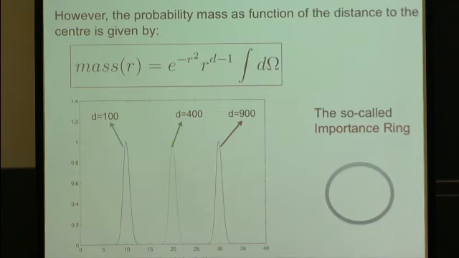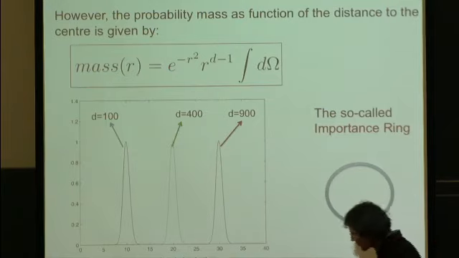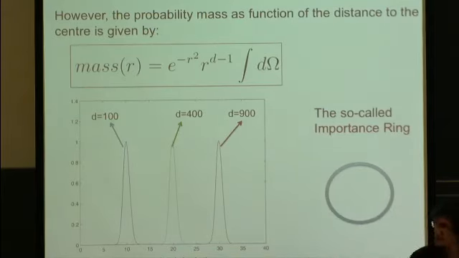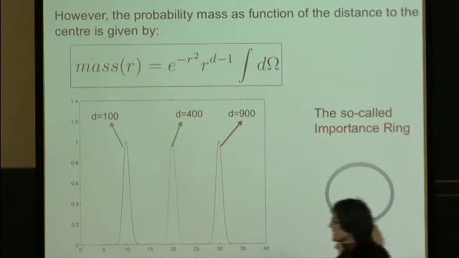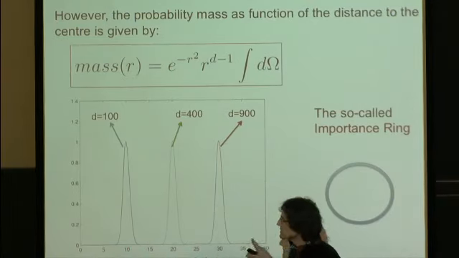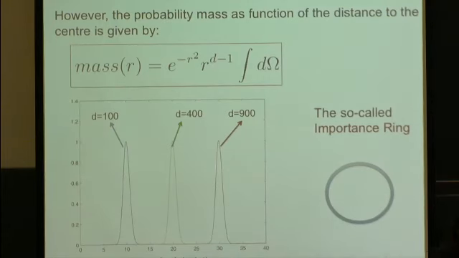When you look at what this probability density looks like as a function of r, in units of standard deviation, we see that when the dimension of the system is 100, it really peaks at r equal to 10, and the probability mass close to 0 or elsewhere is just 0.